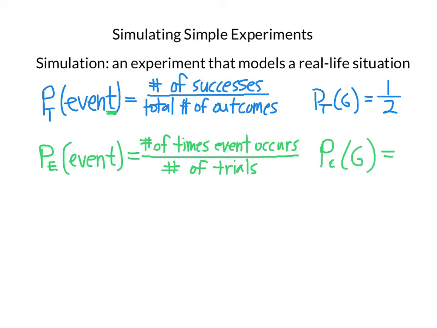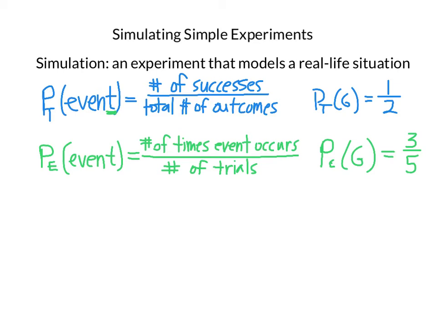If I flip the coin and I get 3 heads out of the 5 flips, then it's 3 out of 5. So no longer is the bottom number a 2 because of boy and girl. That's the theoretical. With experimental, it's how many trials we performed, how many times we flipped the coin, how many times we rolled the die, how many times we spun the spinner.